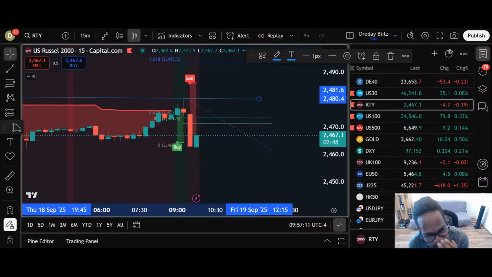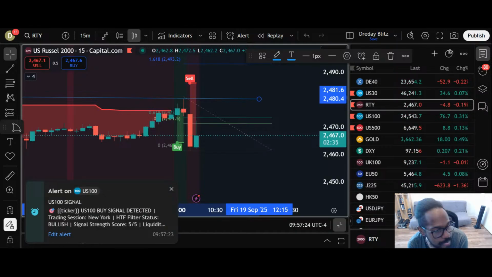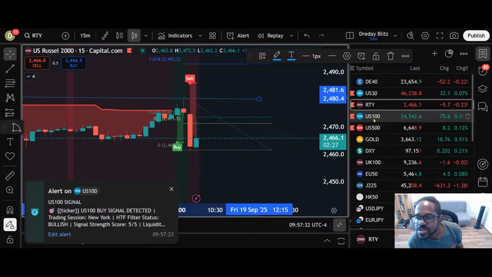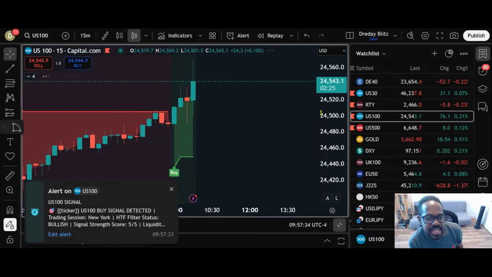So with what I just explained on how to look at a fib retracement here off of only one candle. Like I said, it's a little bit more advanced. So we have another buy on NASDAQ here. Let's see exactly where NASDAQ is right now.